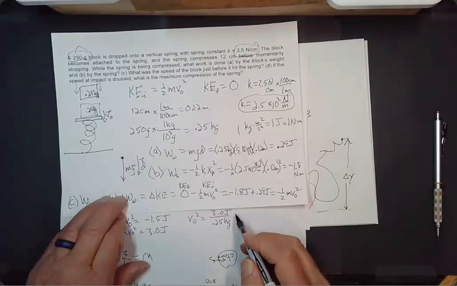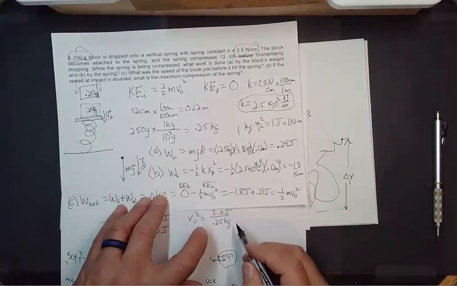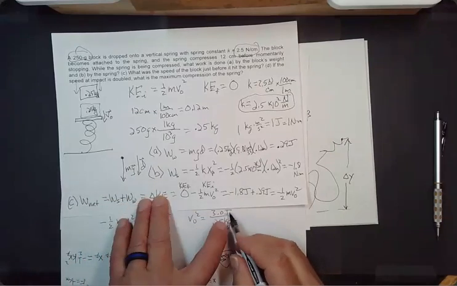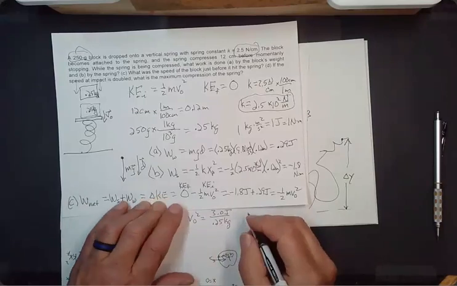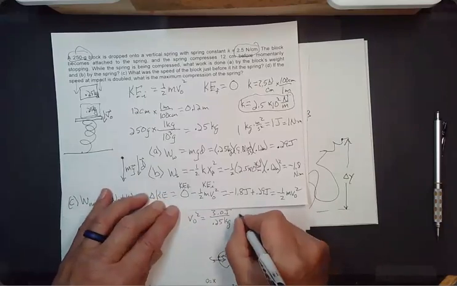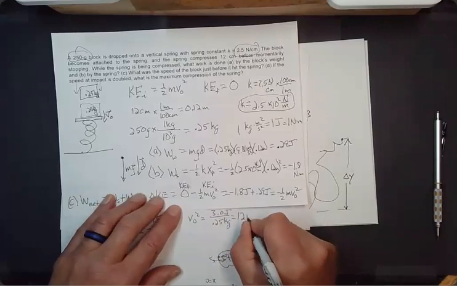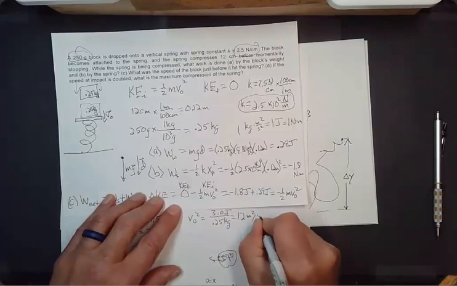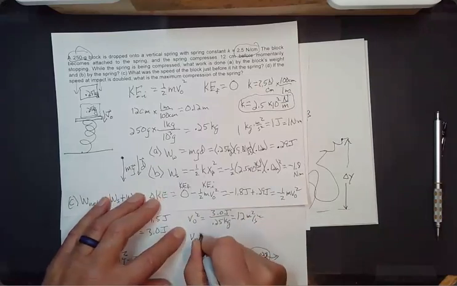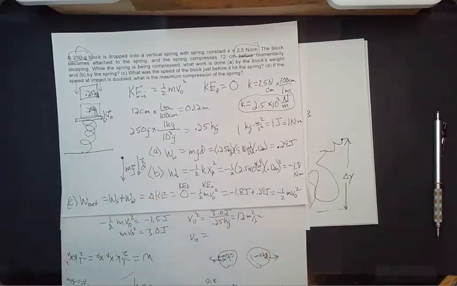And remember, a joule is a kilogram meter squared per second squared. So the kilograms go away, and I'll get, let's see, 4 times 3 is 12 meters squared per second squared. So just taking the square root of 12, which ends up not being so bad.